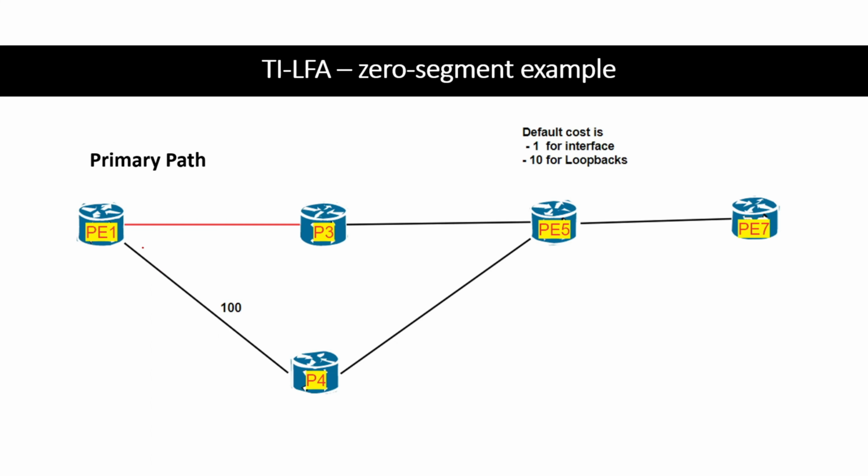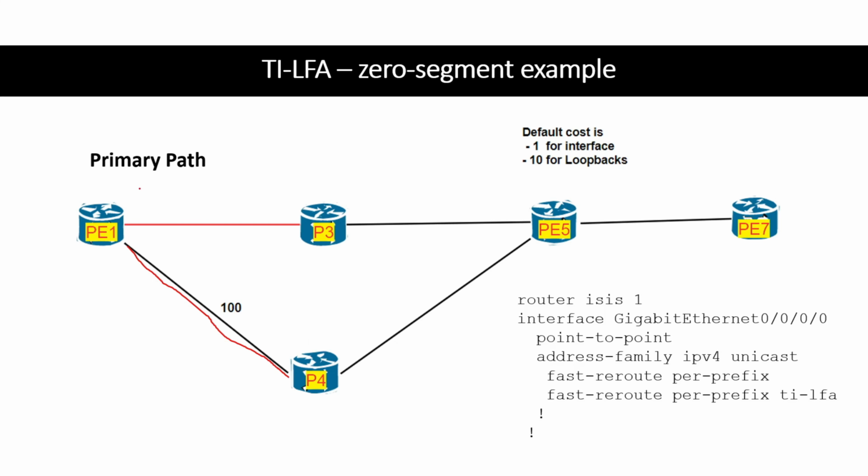In this case, this particular link has a high metric, and then the primary path is going via this P3 and PE5. We have enabled the prefix-sid and then Ti-LFA here.